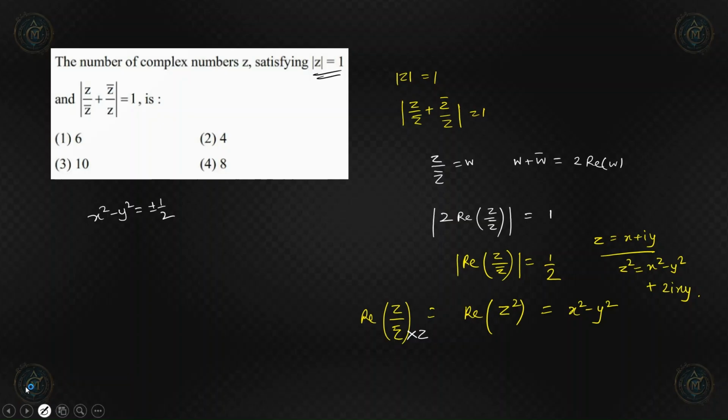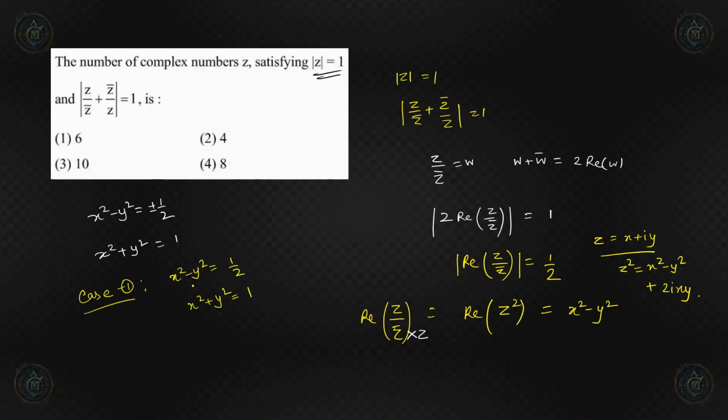And from this information here, mod of z equal to 1, we have mod of z square equal to 1 again. So mod of z square is x square plus y square, and this is equal to 1. So we have two simultaneous equations in x and y. Now we have to solve this. If we take case 1, the plus sign here, x square minus y square equal to half, and x square plus y square equal to 1.